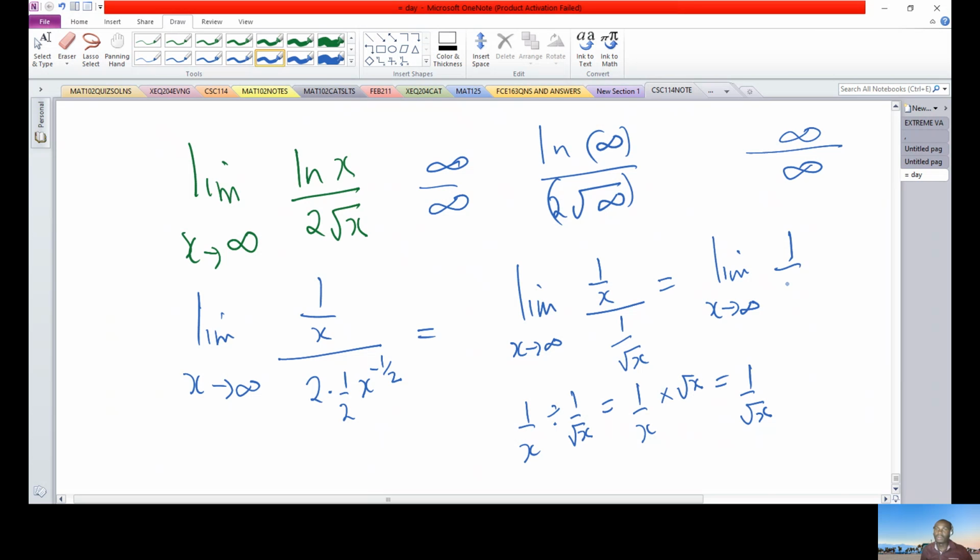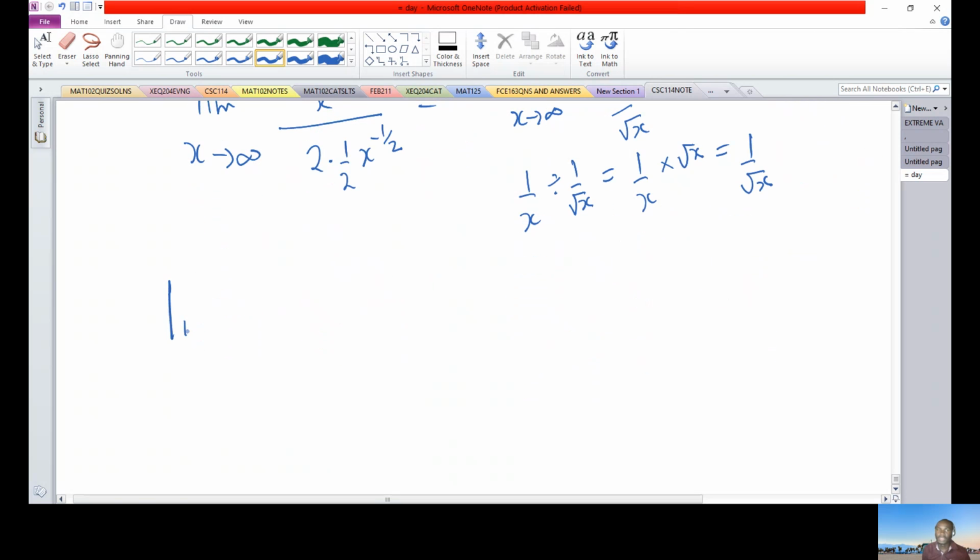So this is 1 over root x. When you put infinity here, the square root of a very big number is also another very big number. So 1 over a very big number simply approaches 0. Therefore, the value of that limit is 0.